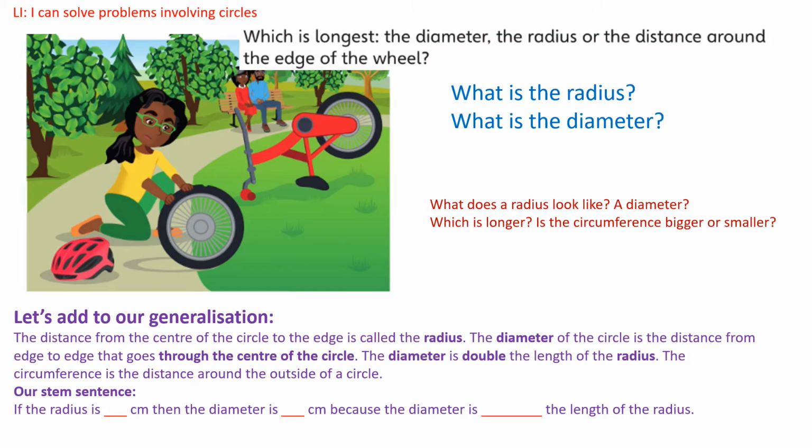Which is the longest, do you think? The diameter, the radius, or the distance round the edge of the wheel? So remember what the radius is, remember what the diameter is, and then see what you think about which one of those or the circumference is going to be the longest.